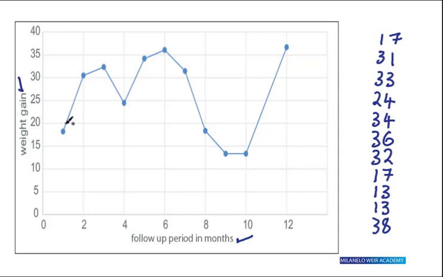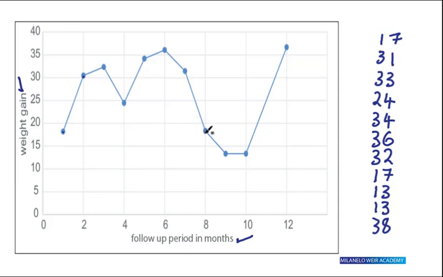So what do we see? We see that from the beginning, when we started, this is where the change came to, right? Then from there it was 30, then somewhere between 30 and 35, we can say 33, then here 24, and here 34, then around 36, then somewhere around 32, then the change in weight went down.